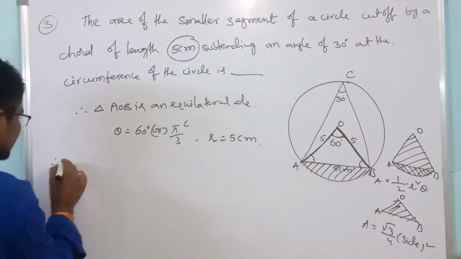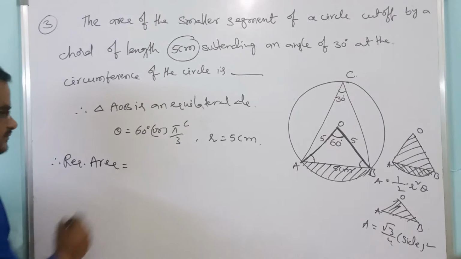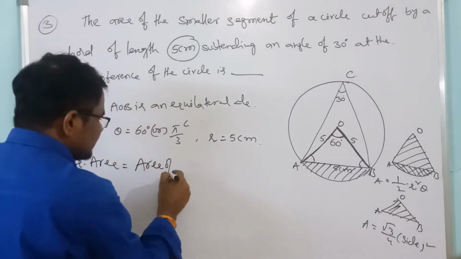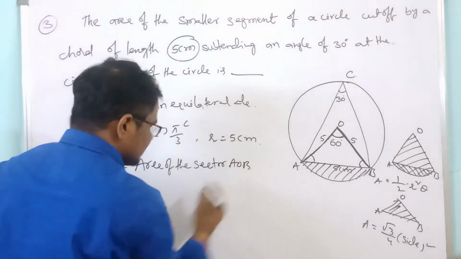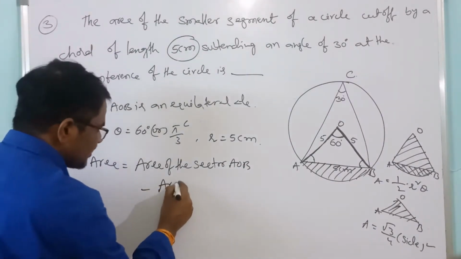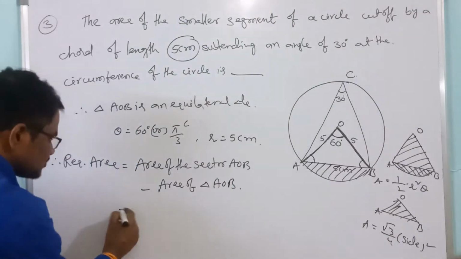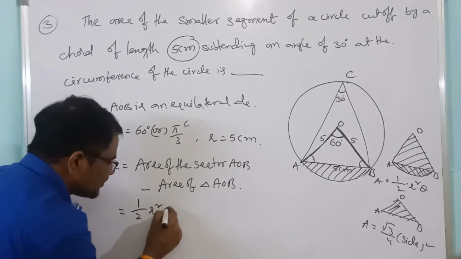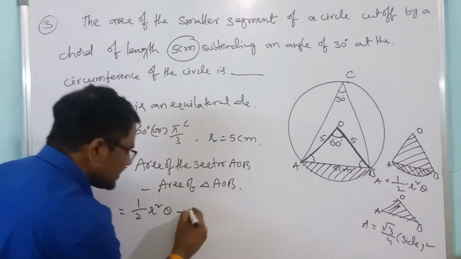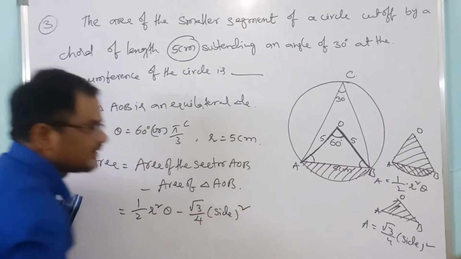So therefore required area equals area of the sector AOB minus area of the equilateral triangle AOB. The area of the sector AOB is 1 by 2 r square theta, minus the area of the equilateral triangle, root 3 by 4 into side square.